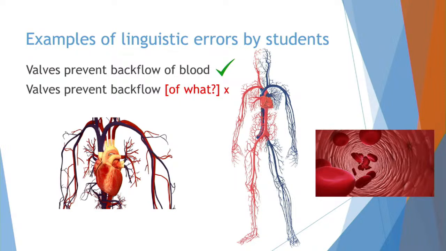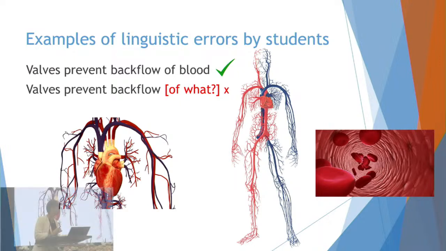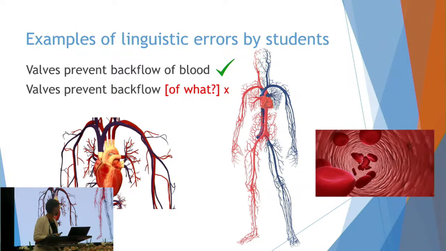And then the teacher said, of what? Now, actually, I'm sure the student knew it was blood because they're talking about the arteries. But the student didn't realize if I want to get the mark, I need to write valves prevent backflow of what? In fact, this structure, something of something, is a very common structure in science.